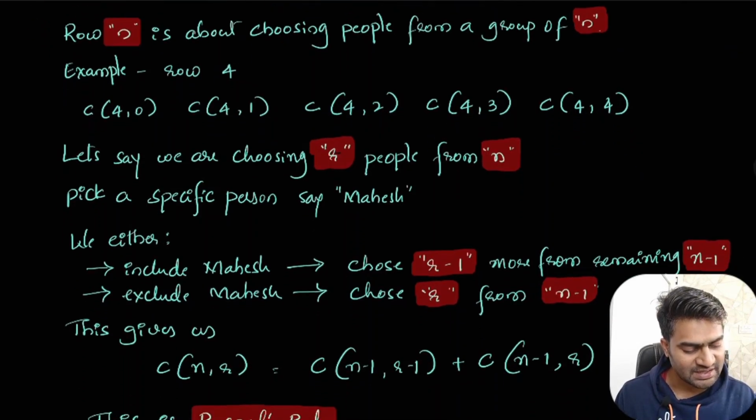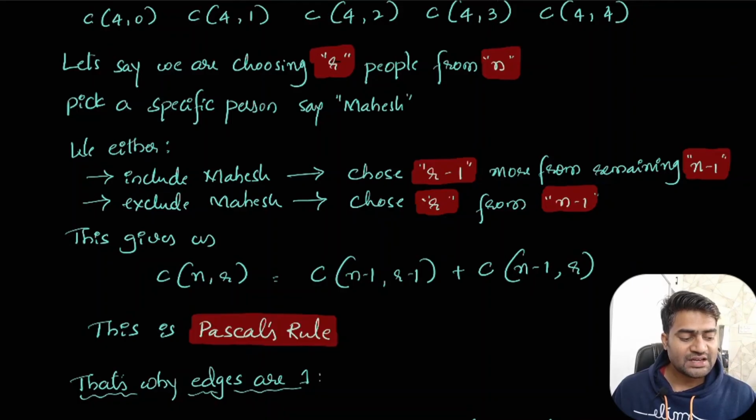If that is the case, let us say we are choosing r people from n number of people. What you can do is assume you are picking any one specific person, so we can either include that person or exclude that person. So basically I'm considering myself here. We can either pick Mahesh or exclude Mahesh from picking.